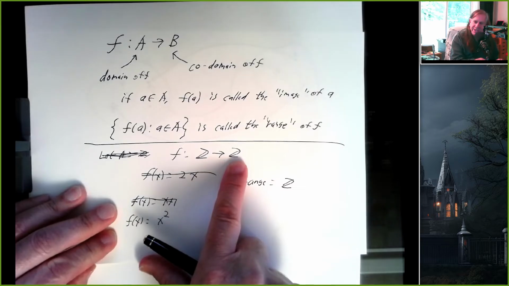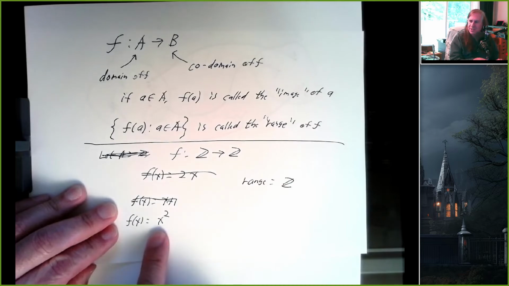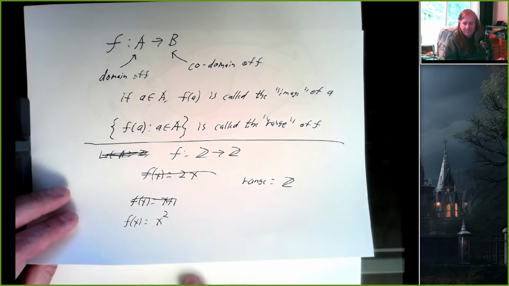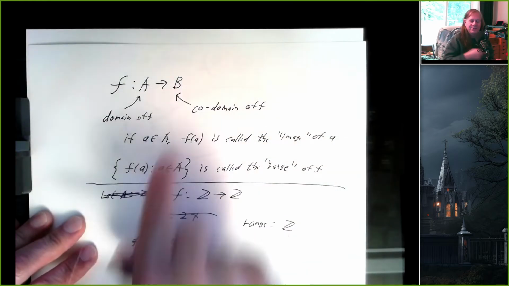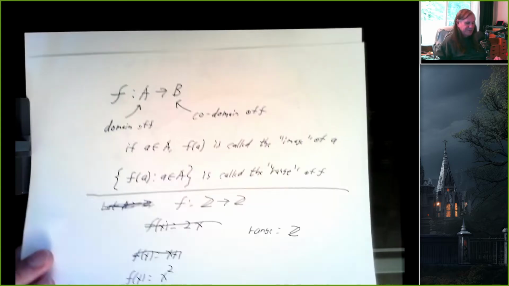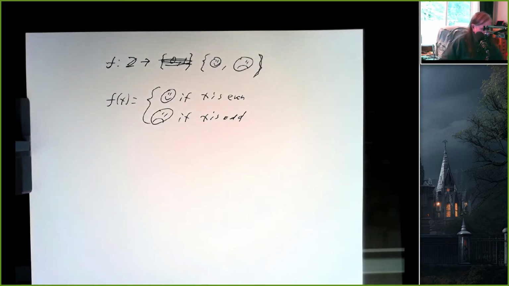But the range, the actual values in there that we can map to is, in this case, just the set 0, 1, 4, 9, 16, and so on. So codomain is just what we write here on the other side of the arrow. It's usually not very interesting. The domain is very interesting, and the range is very interesting, though. So yeah, there's a function.